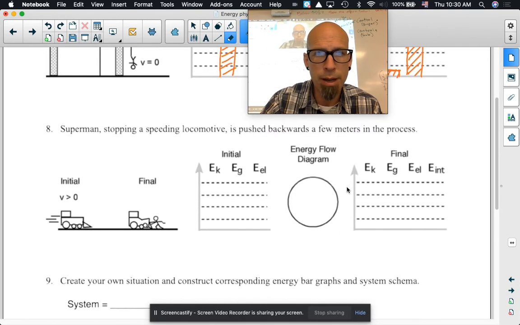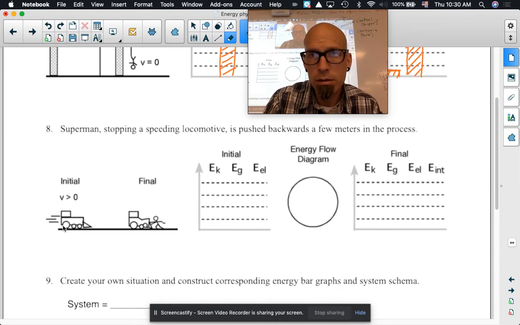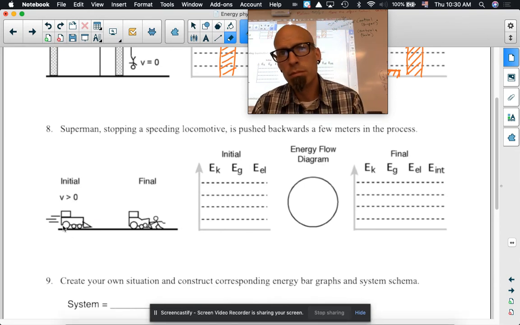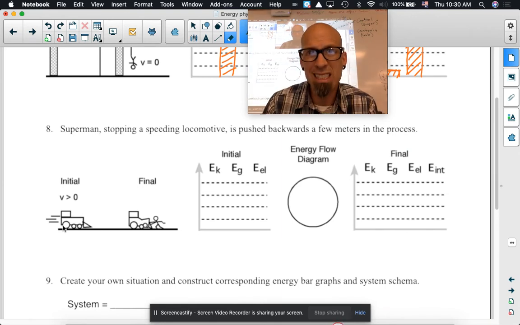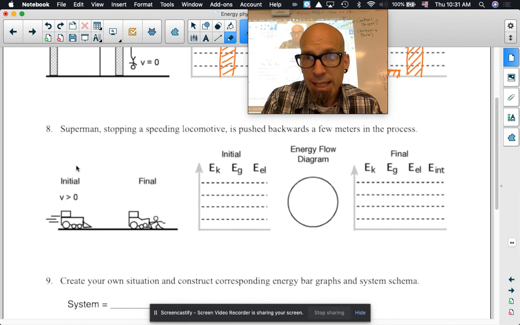And then finally, Superman. So Superman stopping a speeding locomotive is pushed backward a few meters in the process. So the locomotive is the system in question. And so we see clearly at the beginning, initial, the locomotive has velocity. It seems like a fair amount. It is a locomotive.